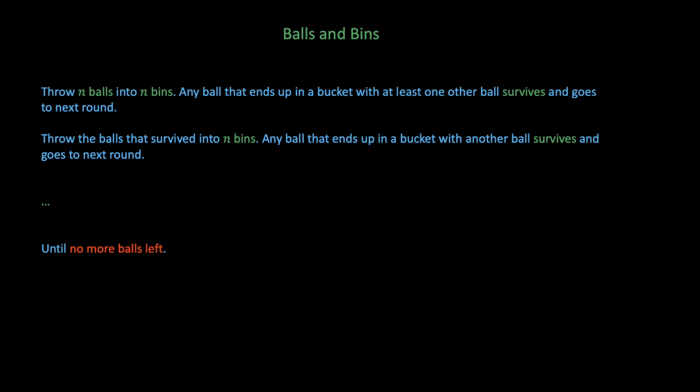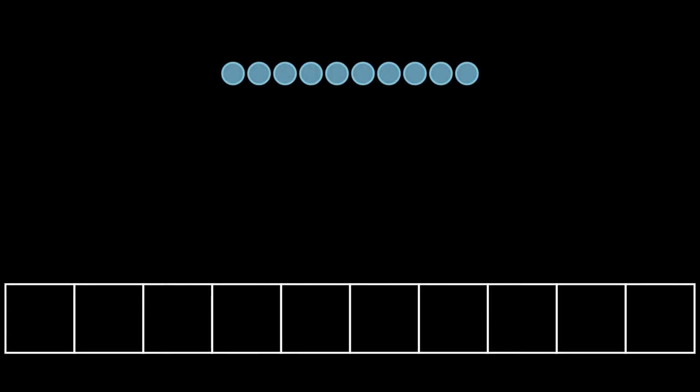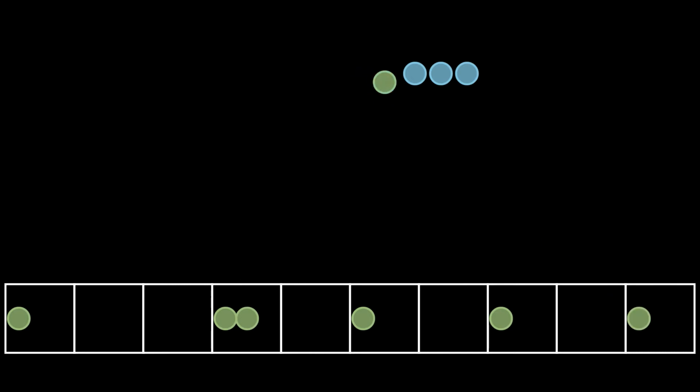Let's take a more concrete example. Suppose we start with 10 balls and 10 bins. In the first round, I throw each ball independently into one of the bins as shown. I look at balls that were alone and delete them.